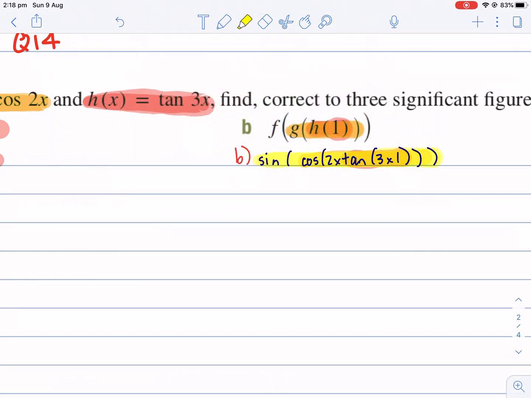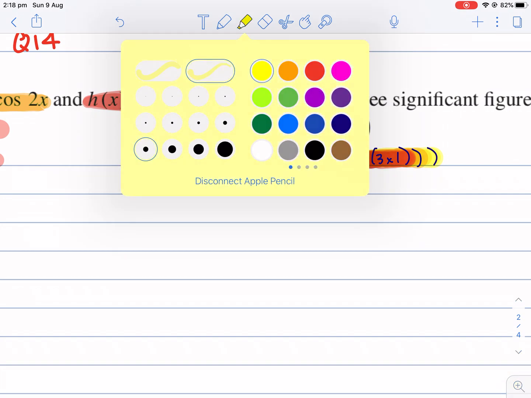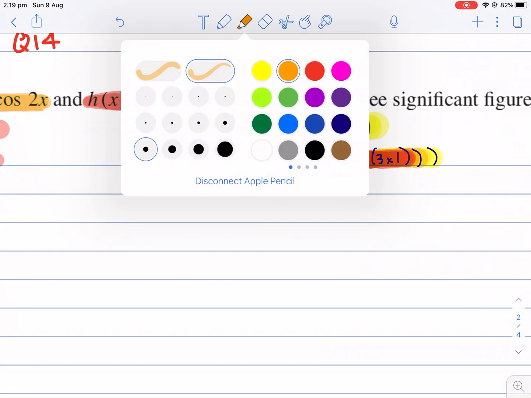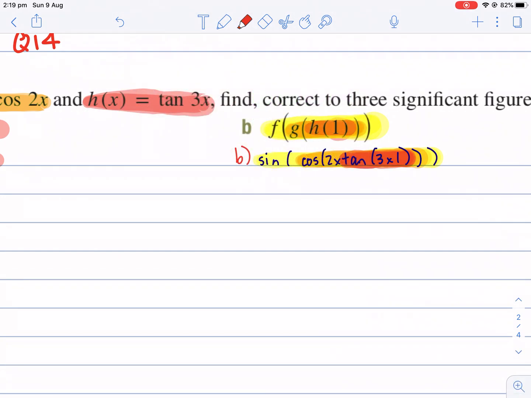So I just want to highlight these so the colours stick out better. I like my highlighting. Okay.